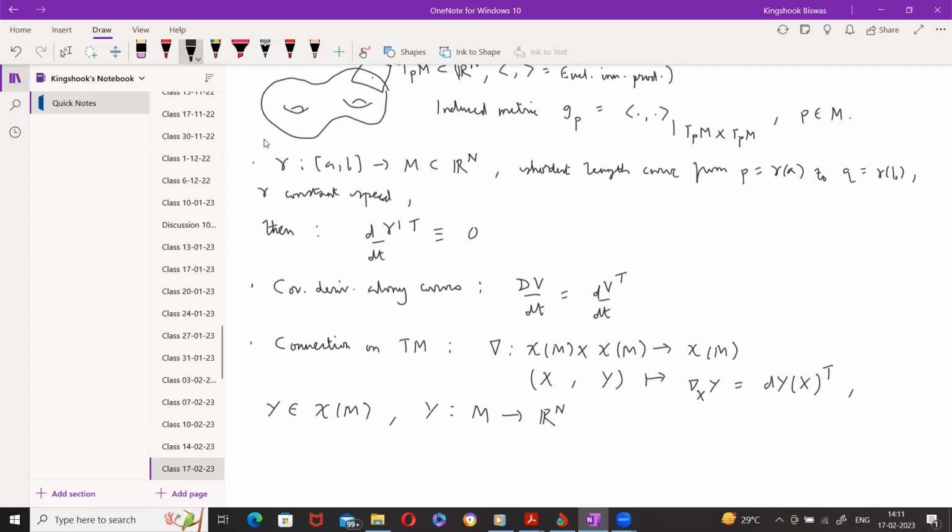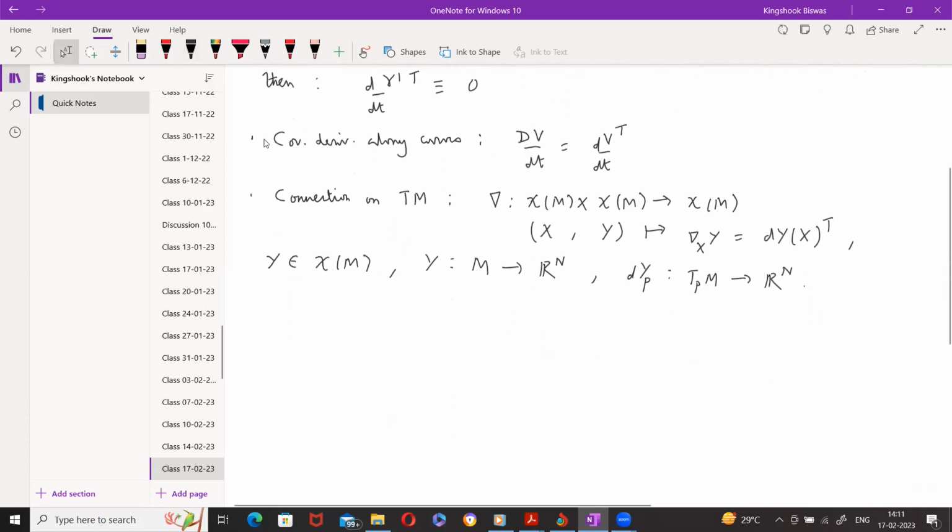So we can think of Y_p as a vector in Rn, right? So any vector field we can think of as a map from M into Rn, and then its derivative dY_p becomes a linear map from T_p M to Rn. Is this clear? So this was the connection on a submanifold of Rn with the induced metric.